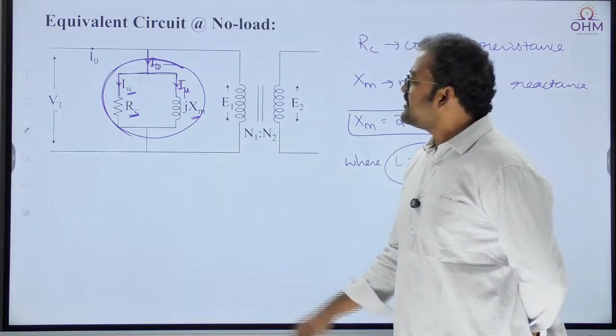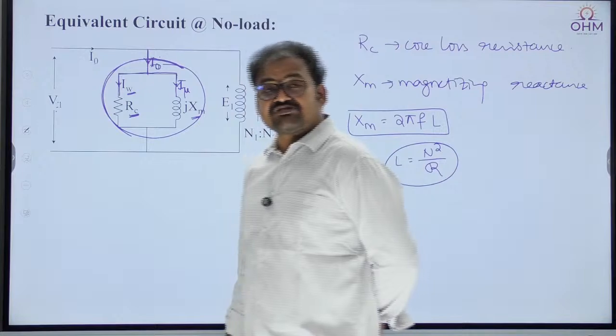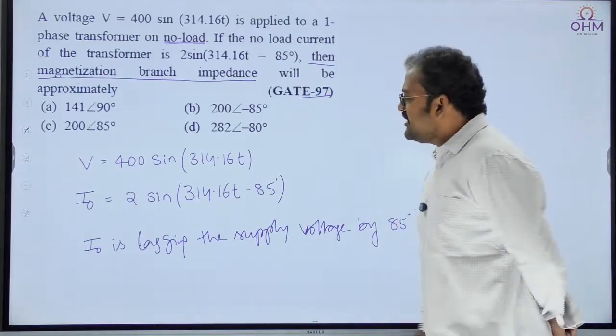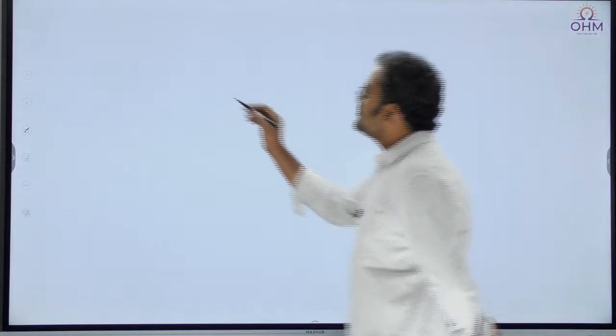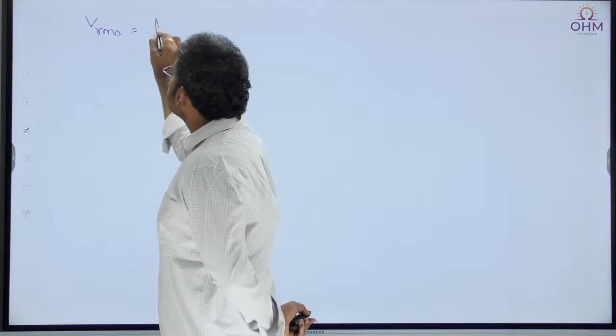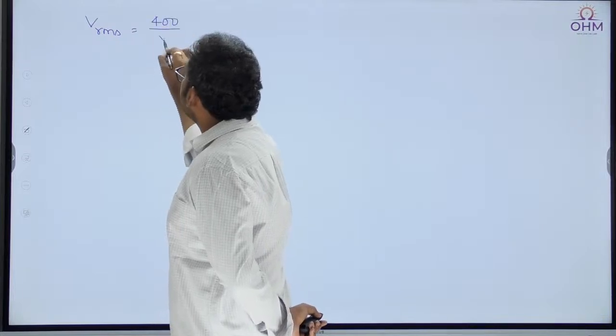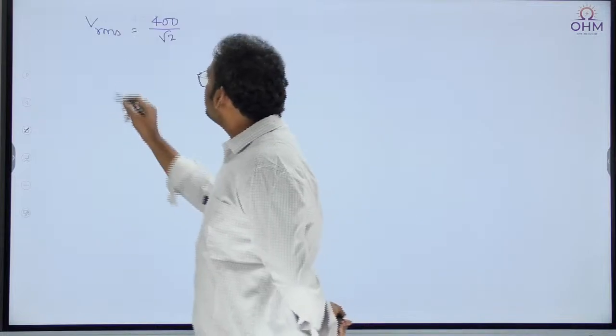Voltage is V1, current is I naught, but I have to use RMS values of this voltage and current. Here it looks like 400 is the maximum voltage. So what is the RMS value of the supply voltage? It is 400 by root 2. Correct? What is the RMS value of the no load current?